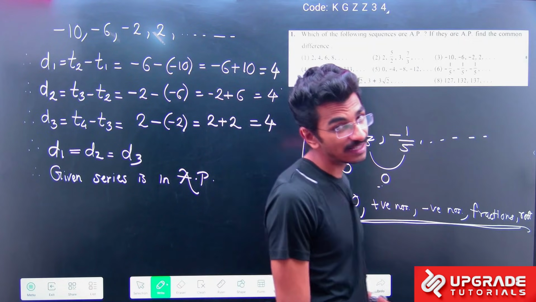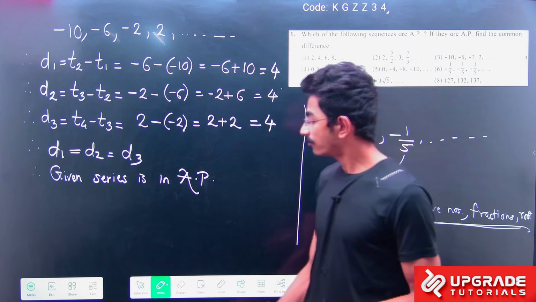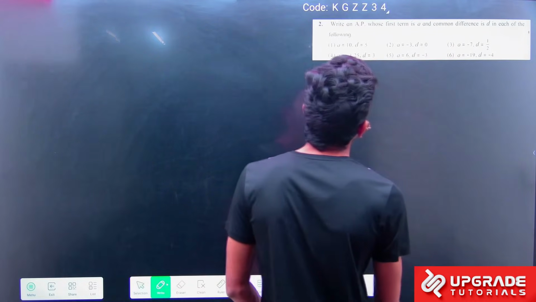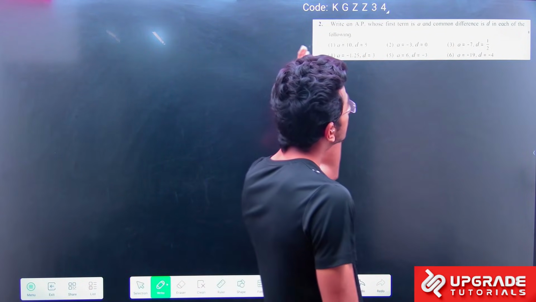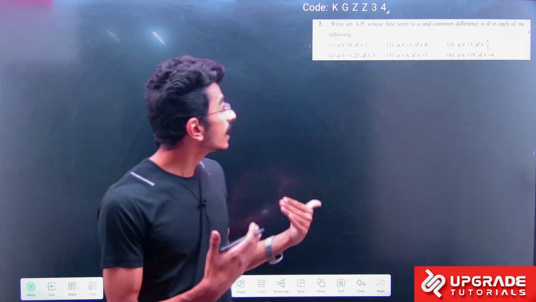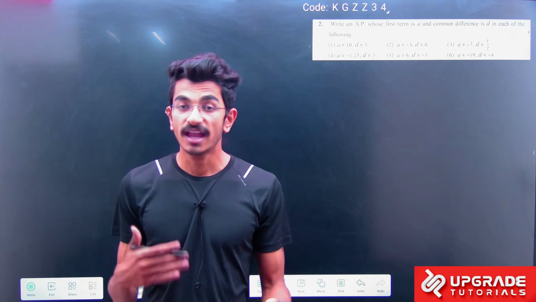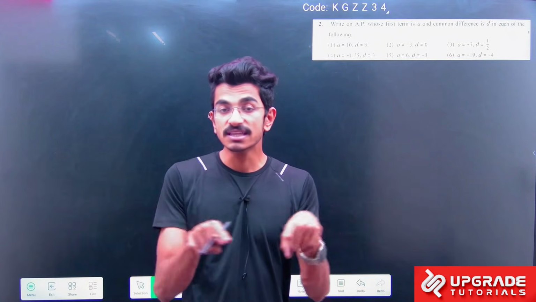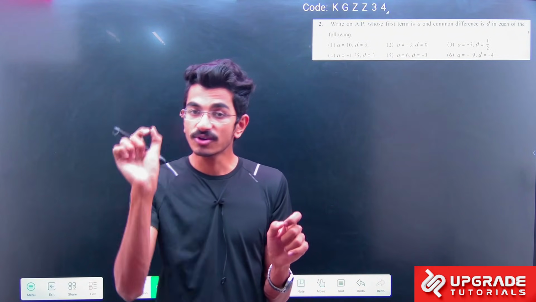Okay, getting clear? Now we'll move on to the next slide, in which you have to find the given series from A, the first term, and the common difference. Before this question, the series was given and we just had to find the common difference.